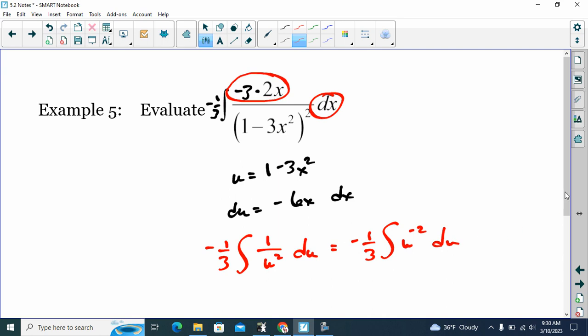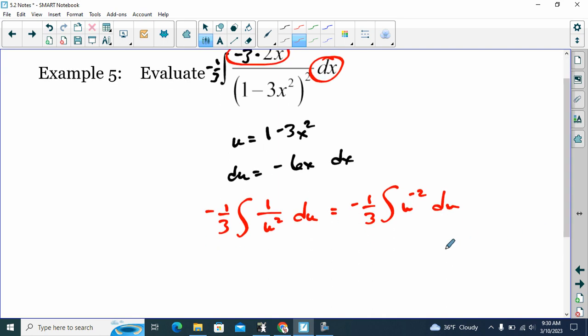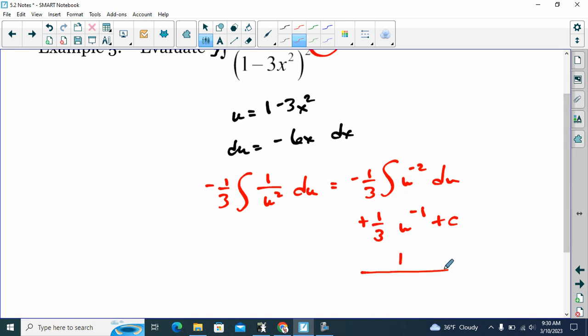Again, it's only if it's 1 over x or 1 over u. Add 1 to the exponent. Divide by negative 1. And our answer is 1 over 3u, which is 1 over 3 times (1 minus 3x squared) plus c.